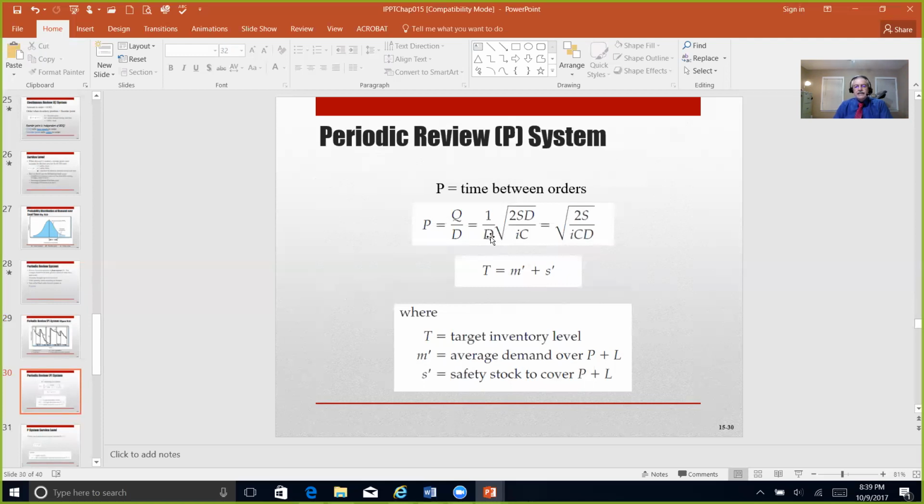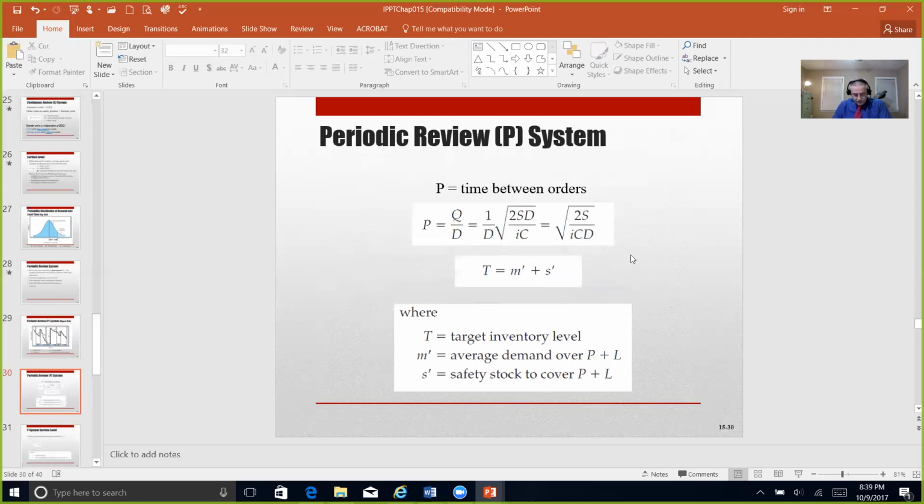We see that the D's cancel each other out. D divided by D equals 1. Anything divided by itself equals 1, so that goes away. D times IC equals ICD, which is where that came from. So we replaced the Q, we took the value of the economic order quantity and inserted that into this formula, which gives us the new equation 15.4 here at page 387.